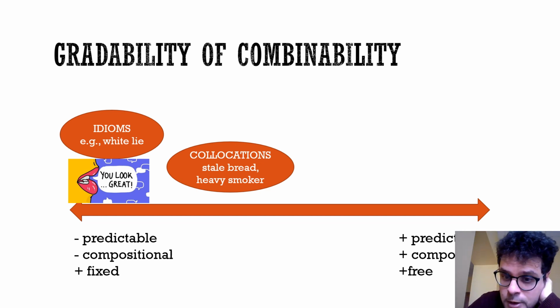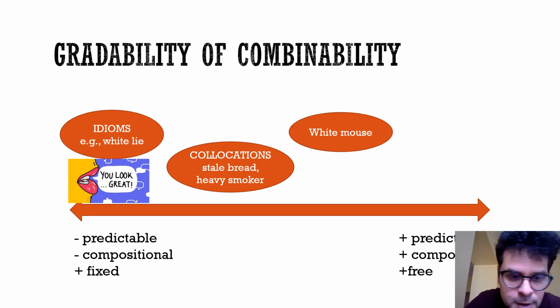However, at the same time, there is no reason why we can't say a powerful smoker, or why we say heavy rain, but we don't say powerful rain, for instance. So collocations are mutual preference, co-occurrences of words that happen with higher than chance probability. Okay, but I will give you later on a more technical definition of it.